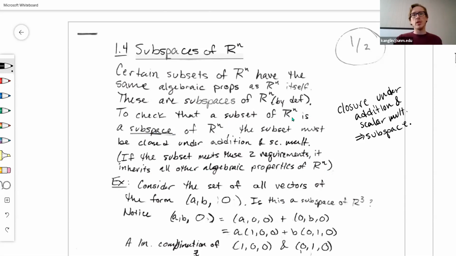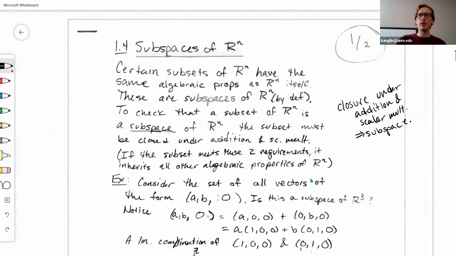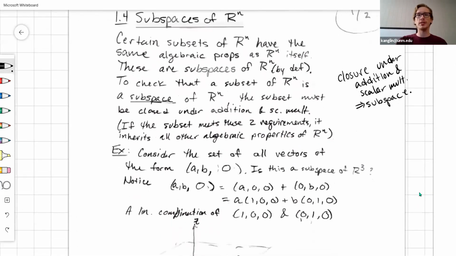It's in Rn. It just turns out if you get closure under addition and scalar multiplication in your subset, which we'll explore further, then all those algebraic properties we covered on Rn still apply to that subset. It inherits all those properties.